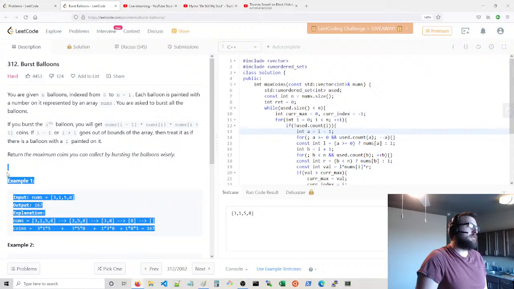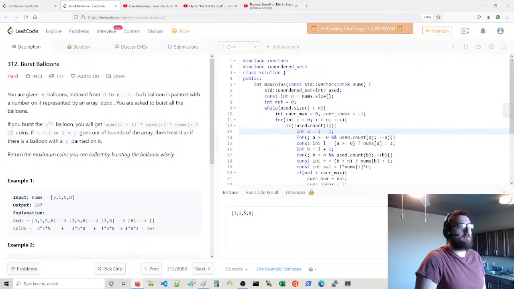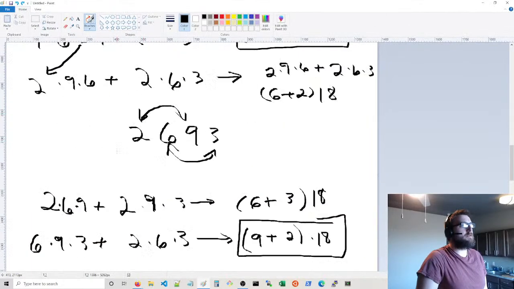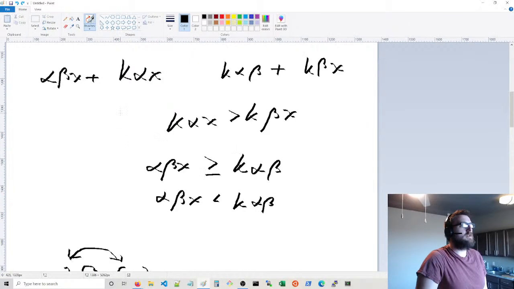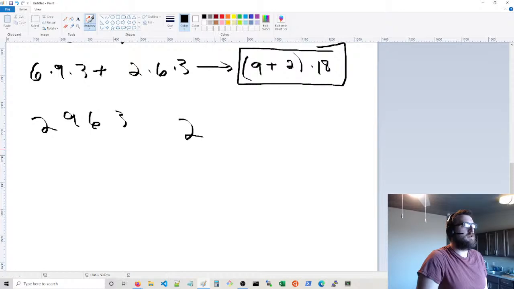That works on this case, but I don't think it works in general. I think I proved that before. If you have something like this, you could do 2963, and you can do 2693. If you take only the smallest internal balloons first, you'll go 1 and 2, and 1 and 2.